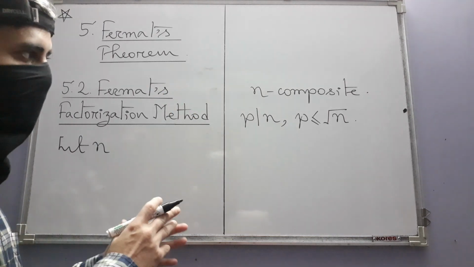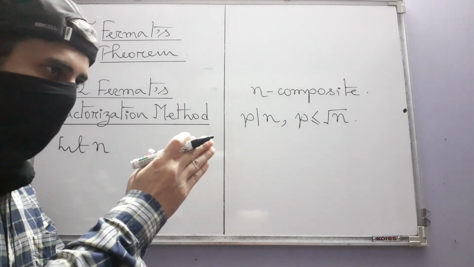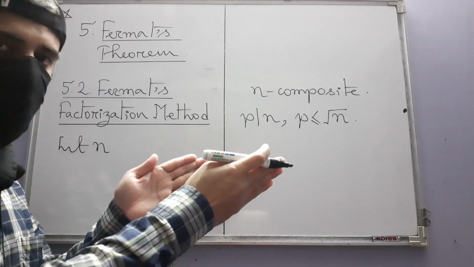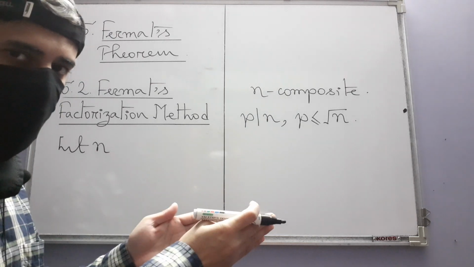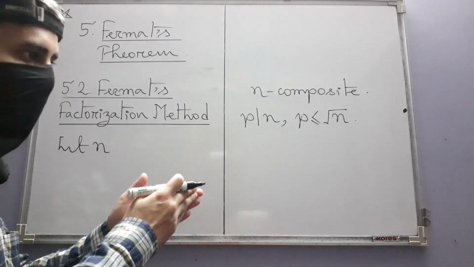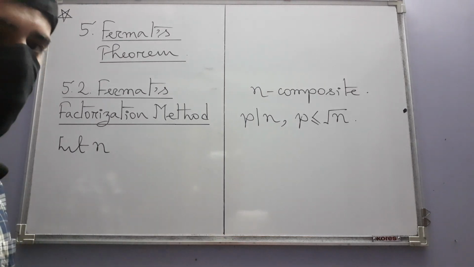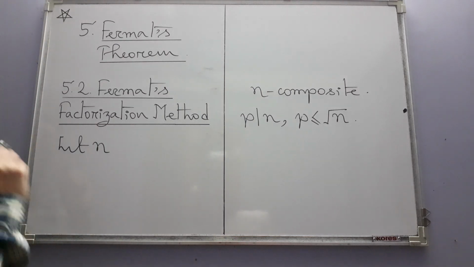We may not immediately be able to find prime factors of n, but we will at least find a non-trivial factorization of n, and then we can apply our method to those factors, and that way we can have a complete factorization. So this is how it starts.